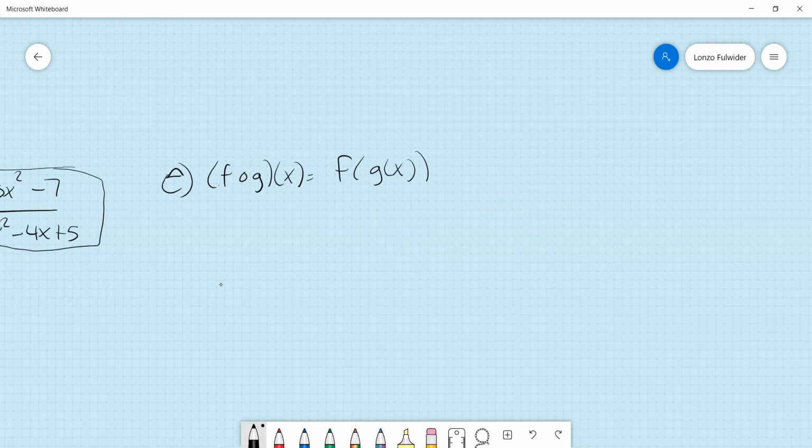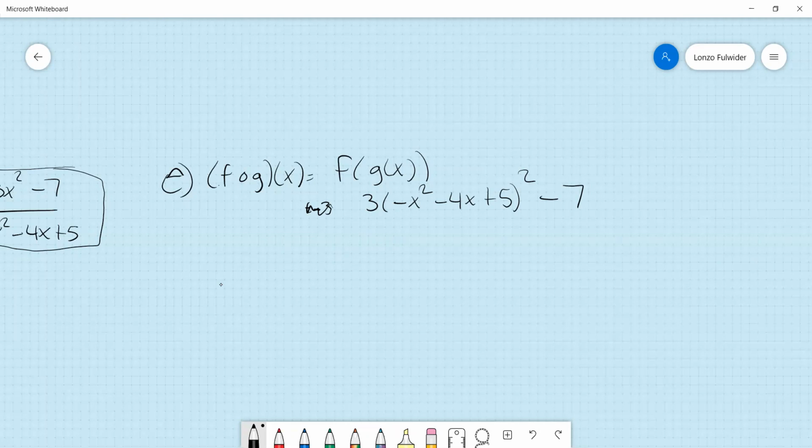Okay, so this is what you're going to get. It's going to be negative 3. Whoops, no, actually it's going to be 3 times negative x squared minus 4x plus 5 squared, minus 7.